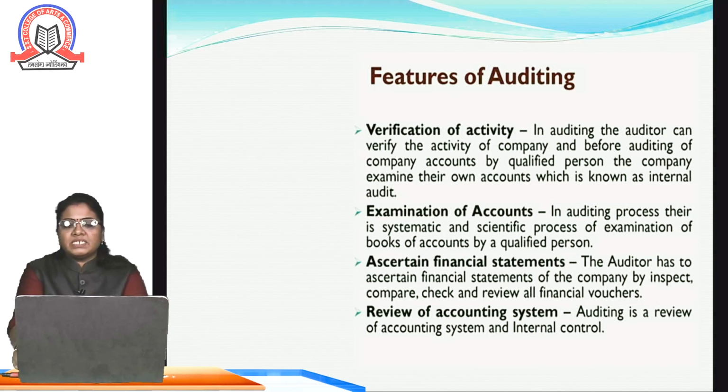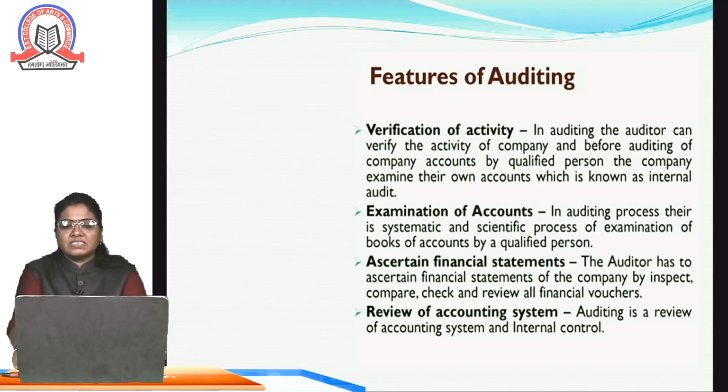Next, examination of accounts. In the auditing process, there is a systematic and scientific process of examination of books of accounts by a qualified person. There are some applications to check automatically the systematic and scientific process of examination of books provided by the organization to the auditors.